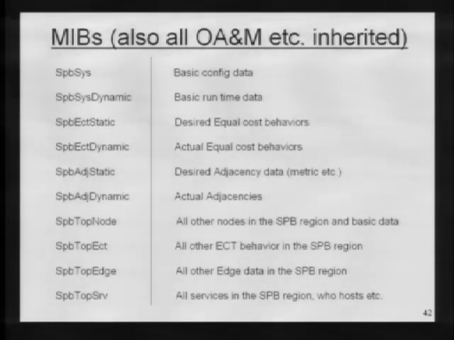It includes things like the basic configuration data, dynamic information, adjacencies, the list of SPB nodes in the topology with respect to whatever multi-topology we're using, list of edges, and then the services within the network. It's pretty much what you'd expect in terms of the objects and tables that are required.